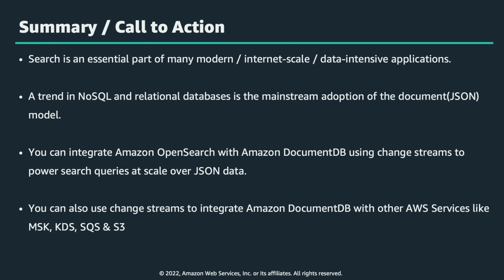Services like Postgres also have plugins that allow you to store JSON documents natively, so a lot of developers are building with JSON. Another key takeaway is that you can integrate Amazon OpenSearch with DocumentDB using change streams, like Doug showed in the demo, and that helps you power search queries at scale over the JSON data stored in your document store.